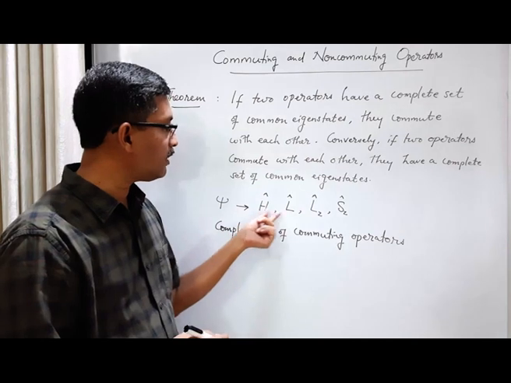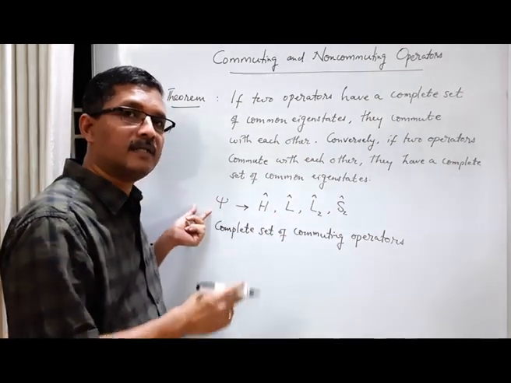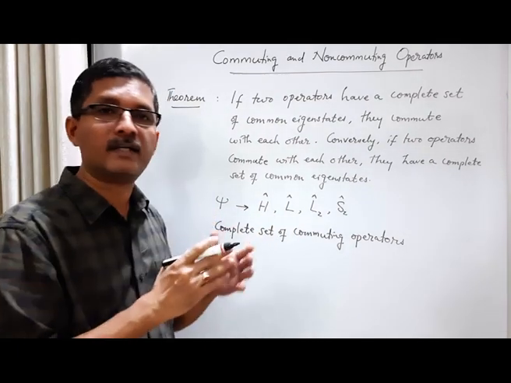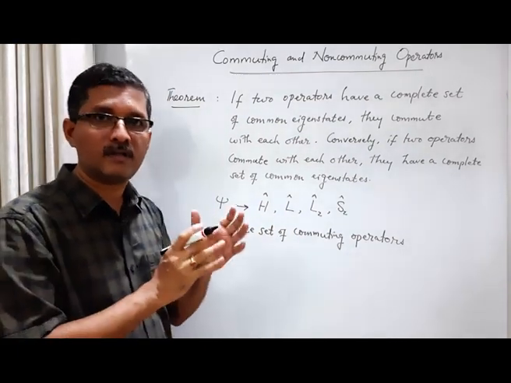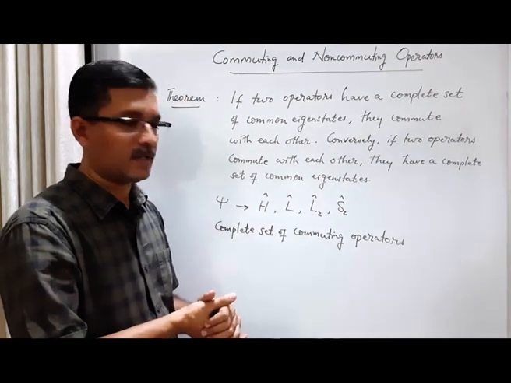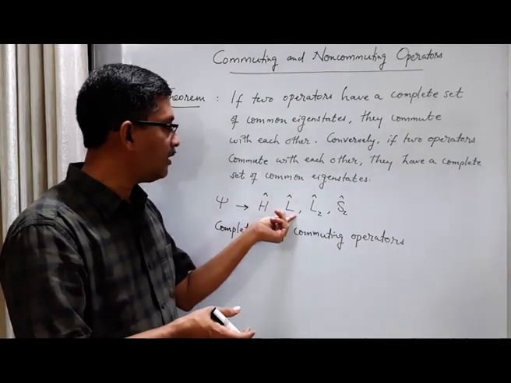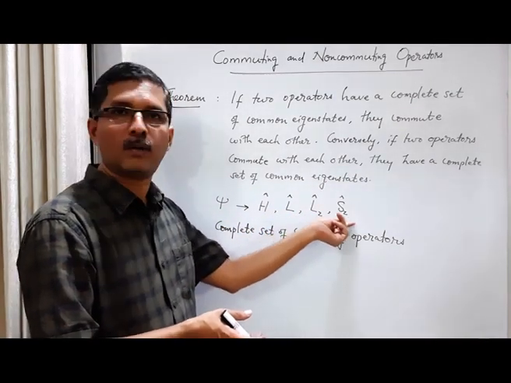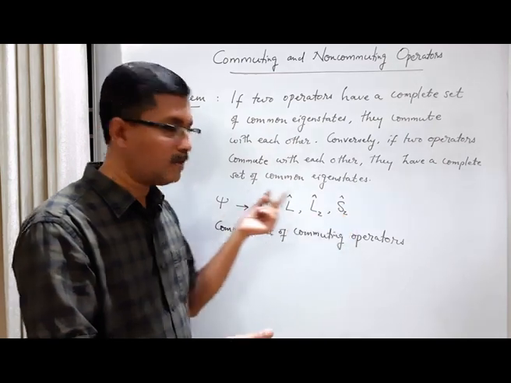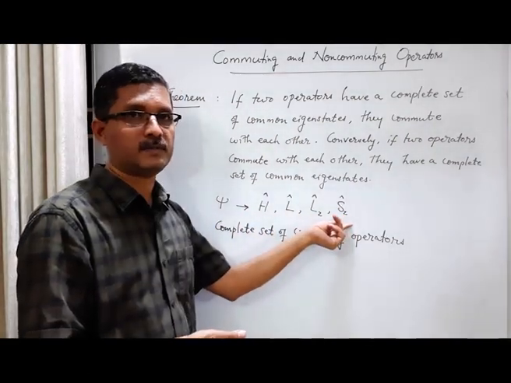We take the eigenvalues of this complete set of commuting operators and label the state in terms of them. Remember that any eigenstate is uniquely labeled after the eigenvalue of the operator. In this case, it's an eigenstate of the Hamiltonian, angular momentum operator, z component of angular momentum operator, and z component of spin operator. So it is uniquely labeled in terms of eigenvalues of each of these operators.